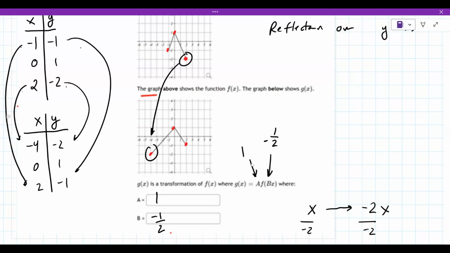Right. Okay, that makes sense, man. So a would be 1 and b would be -1/2. Okay. Because multiplication is really division of the 1/2.